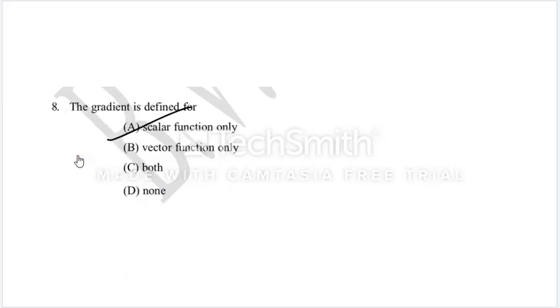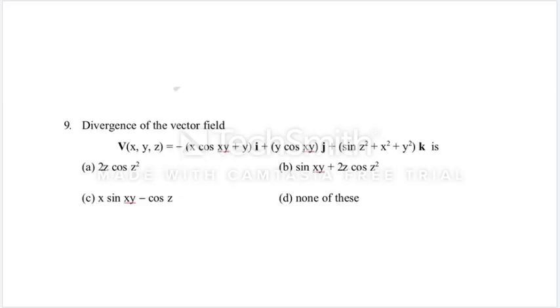Divergence is defined for what? Vector. Curl is defined for the vector. And the divergence of the vector field they ask you to find. They gave some function, they ask you to find the divergence of the vector function. So tell me, del dot v.